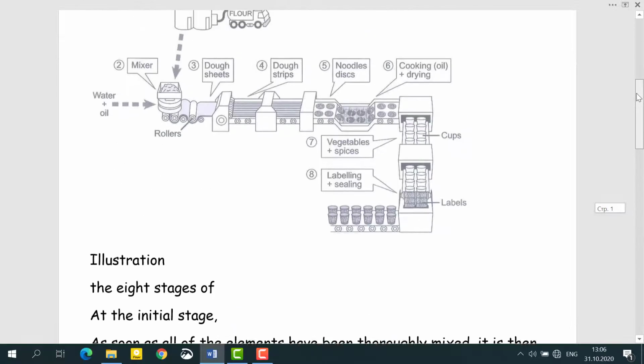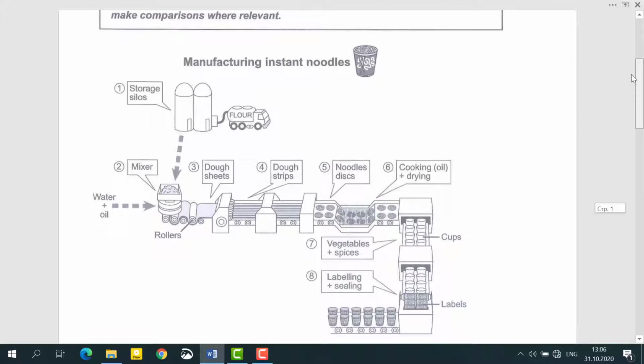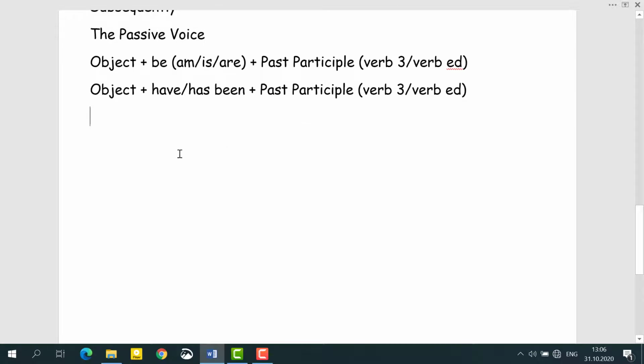Let's look at our diagram one more time. Let me show you the first sentence and then I'll explain everything in detail. Okay, here we go.